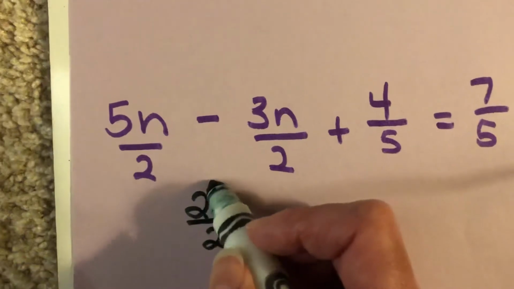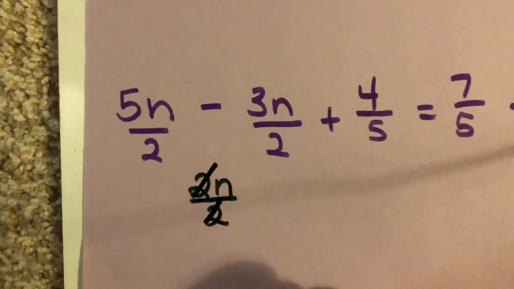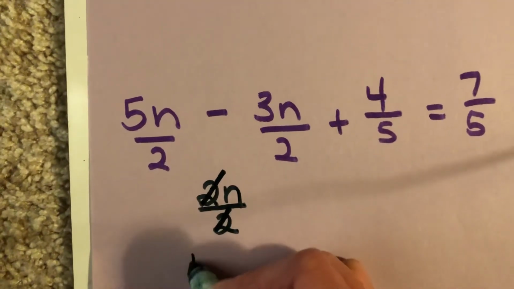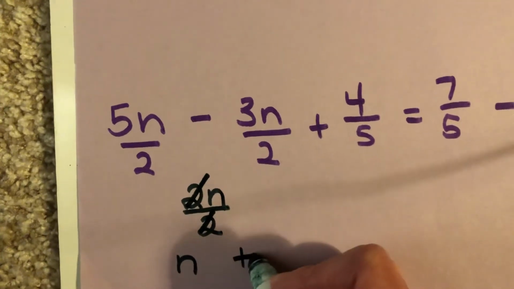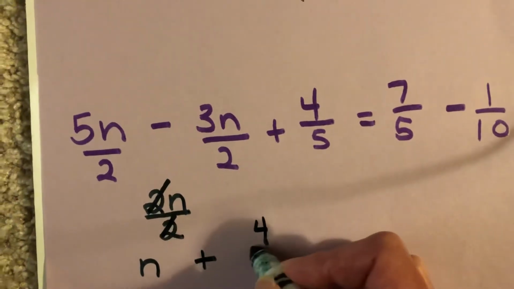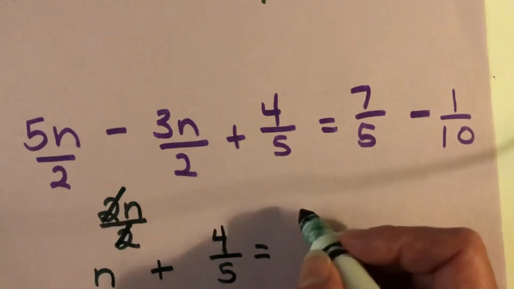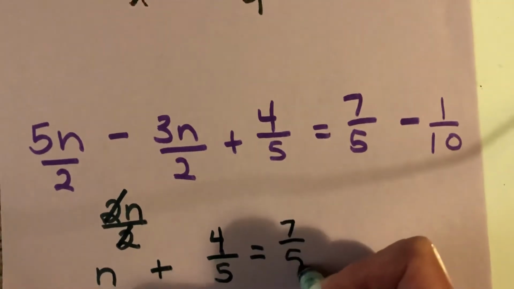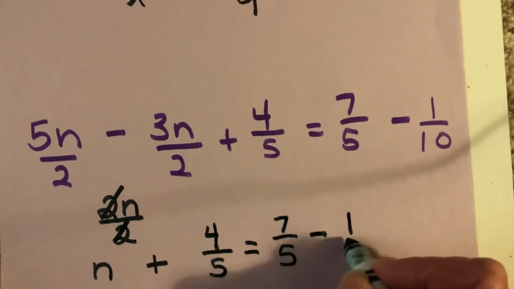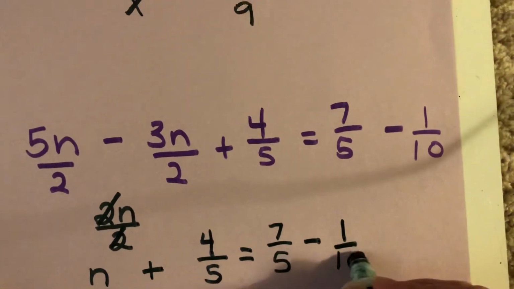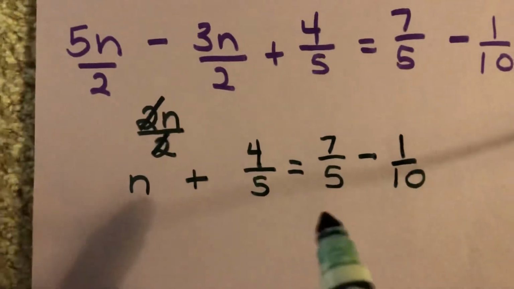But 2 divided by 2 is 1. So I just have n plus 4/5 equals 7/5 minus 1/10. So here is where I can do one of two things.